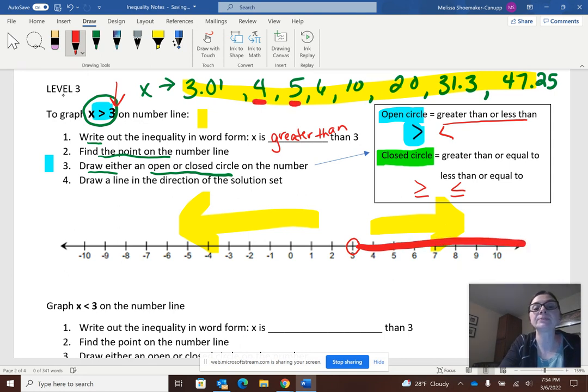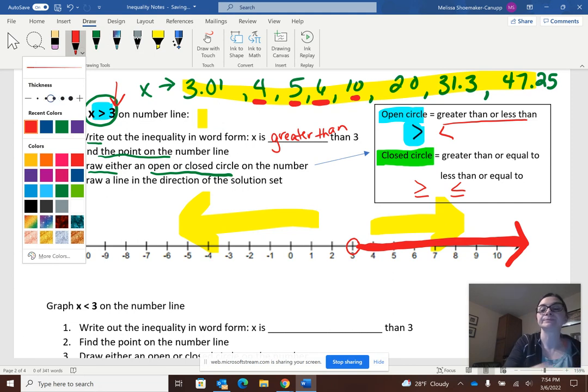Aren't some of these numbers that I listed up here? They're right there on the number line. But I can include everything if I just draw a solid line, and then to show that it goes on and on forever, because I don't want to spend my day listing everything, I just draw an arrow, and that means everything to the right, to positive infinity, can be an answer.